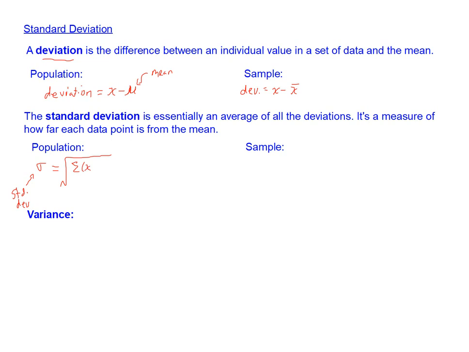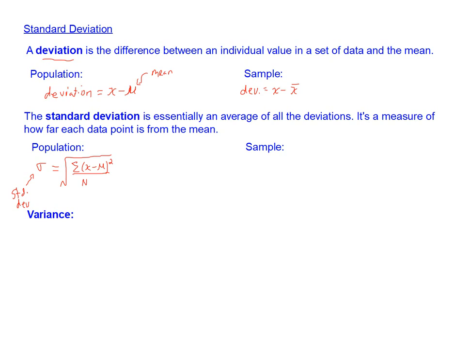Remember, we just talked about the deviation as just being the distance that each data point is from the mean. We square it, and the reason for squaring it is that we want to make sure that all of the deviations are positive. If we don't, then we'll get some that are positive, some that are negative, and some of them will actually end up canceling each other out.